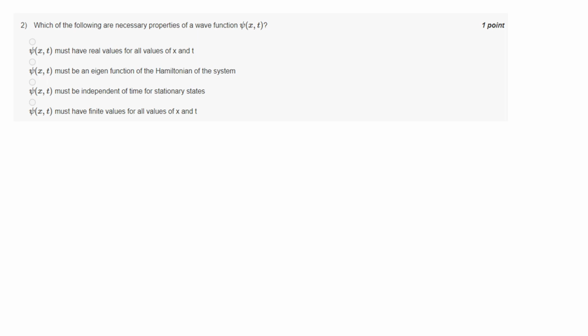No. Anybody else? See, psi x comma t is the wave function, but it need not be the Hamiltonian of the system, right? It could be any function. Anybody else?